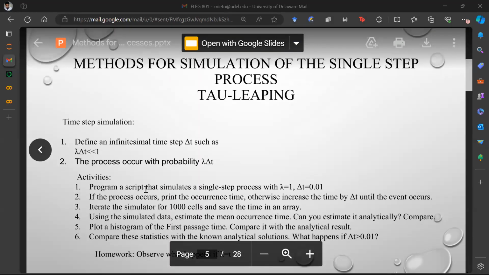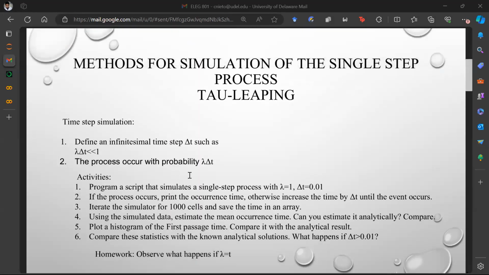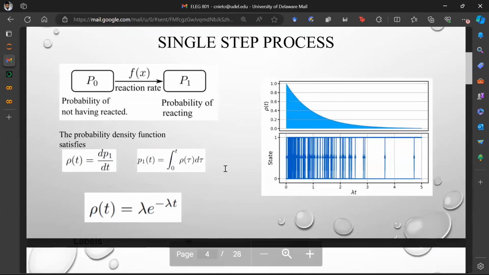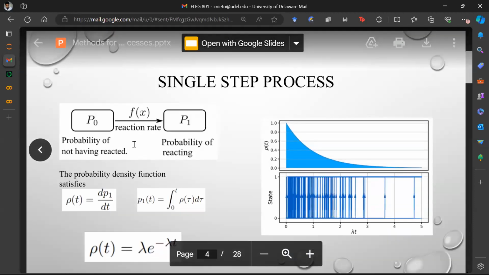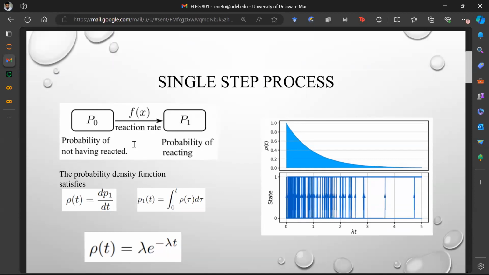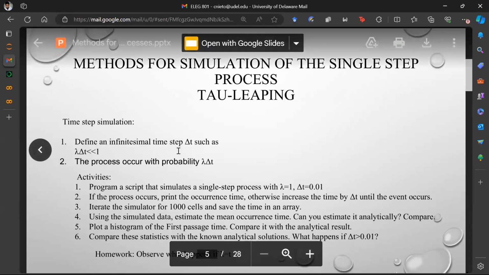Okay, so we can start from the simplest simulation technique that is called tau leaping. So what is the idea? The idea is to integrate this system in units of delta t. If some of you are familiar with the Euler method, it's kind of the equivalent of the Euler method of integration for stochastic process.